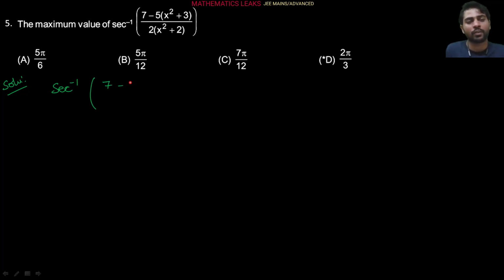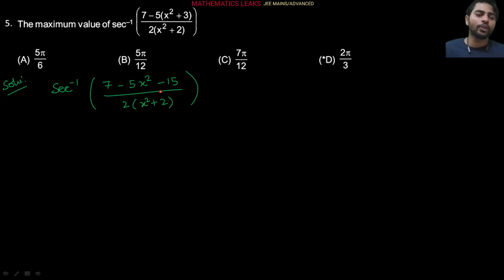This is minus of 5x square and this is minus of 15 upon 2 times x square plus 2, right? So I am just going to make the numerator in terms of x square plus 2 or some constant kind of thing, correct?